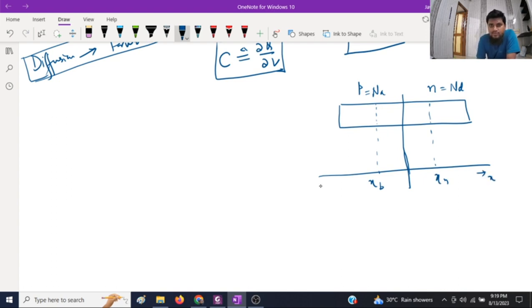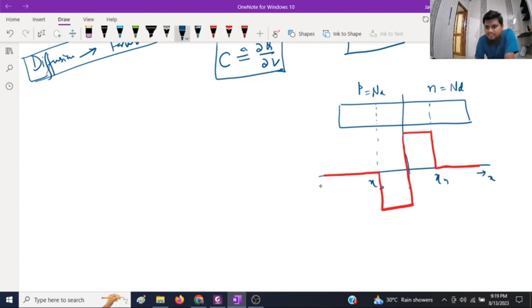Right? So if you want to draw this, the charge concentration is 0. So this portion is neutral. This portion will be slightly negative and this side will have positive charge concentration. This is the case of an abrupt junction.